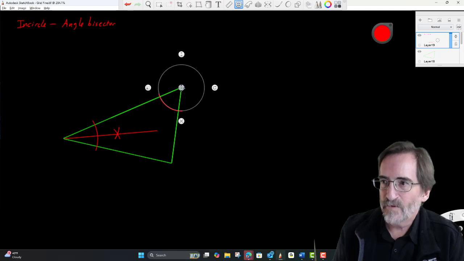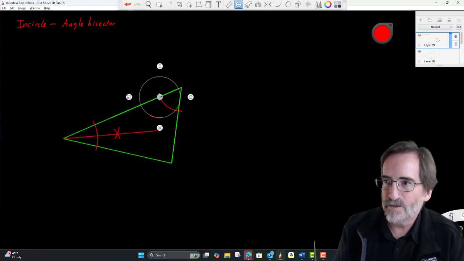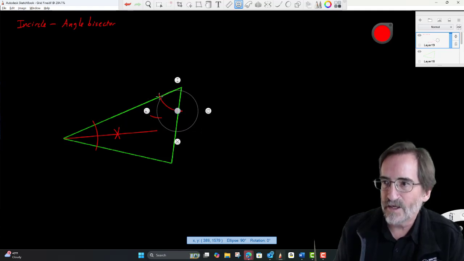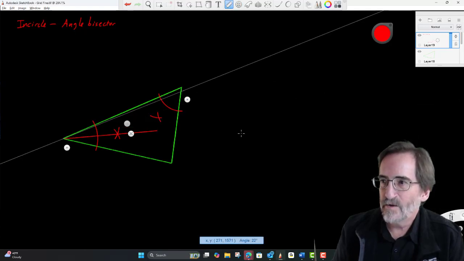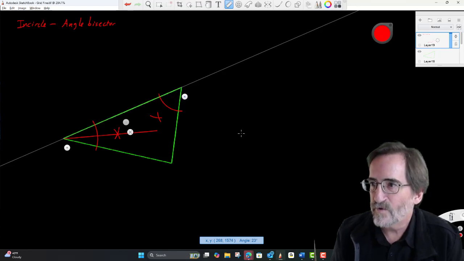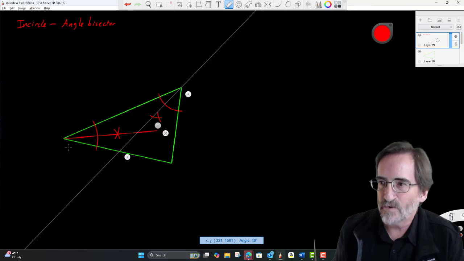I'm going to put my compass on another intersection here, and shrink it down a little more and draw an arc in the interior. Copy that same arc to the other intersection point, and then draw a line through the vertex and the intersection of the two arcs.